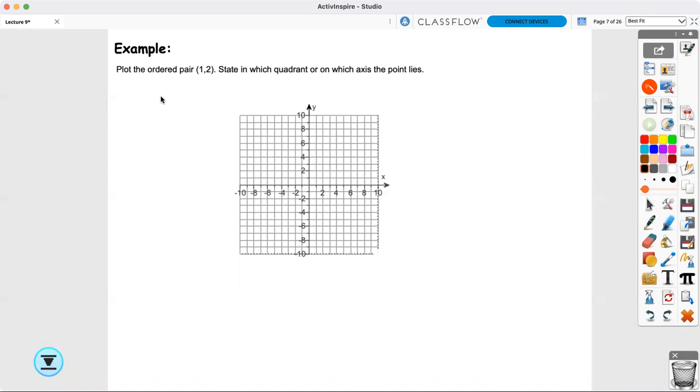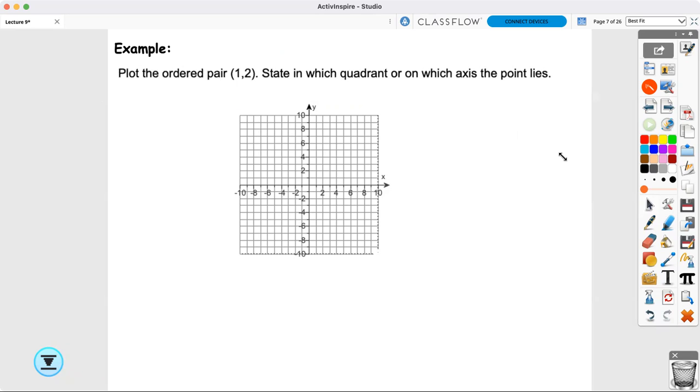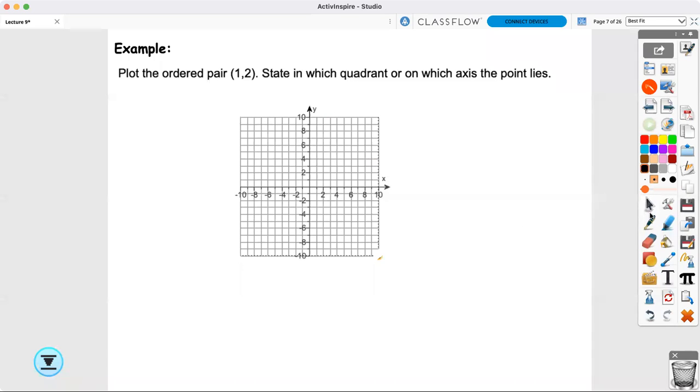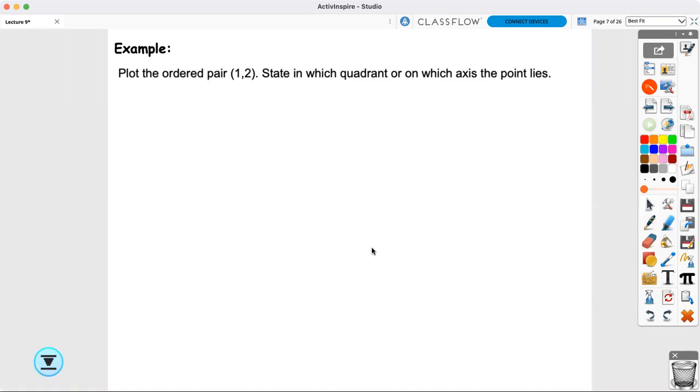So it says here, plot the ordered pair 1, 2, state in which quadrant or on which axis the point lies. So I'll give you about a minute to write the sentence. And then, so for you guys, since you don't have this graph on my end, I guess I'll go ahead and join you and not have a graph either. So let's do it without the graph.